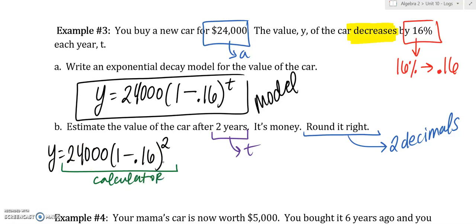No graph. You type this in exactly like that. Your calculator will do the work for you. You're talking about money, right? So it'll give you $16,934.40, 2 decimal places, 40 cents. So almost $17,000. You paid $24,000, but you drove the car around for 2 whole years, wear and tear, and now it's not worth as much.